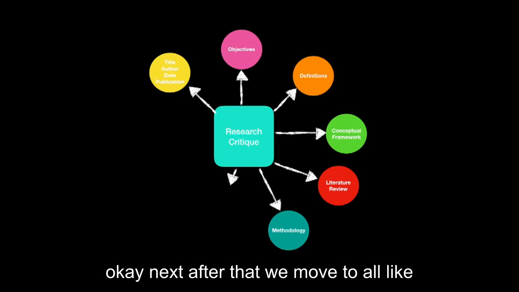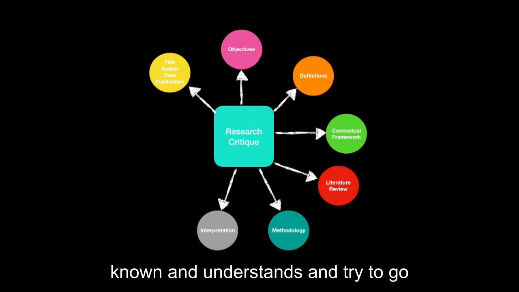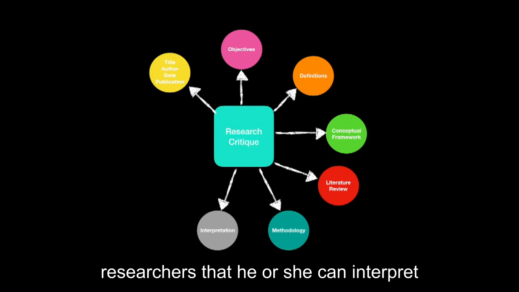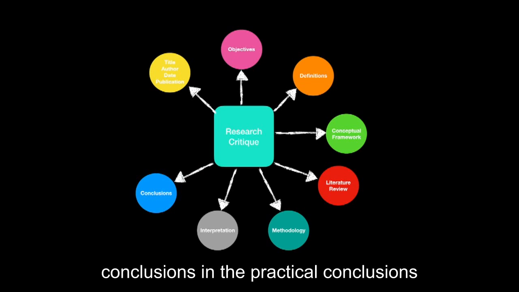Okay, next. After that, we move to our research findings. We have to understand and go through the interpretation of the researchers, whether he or she can interpret the findings correctly or not. Next, conclusions.